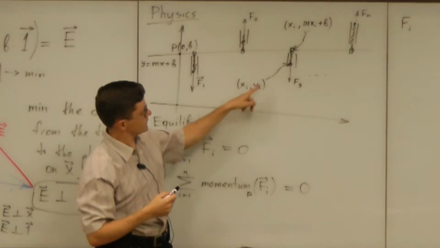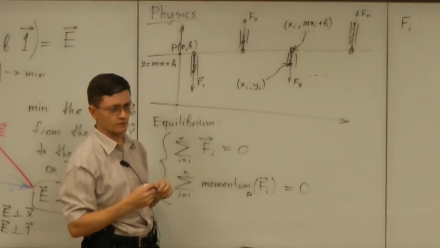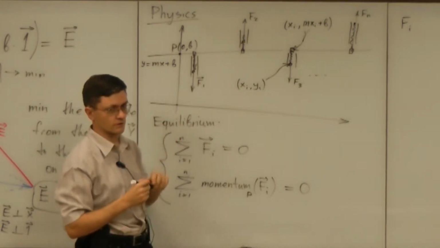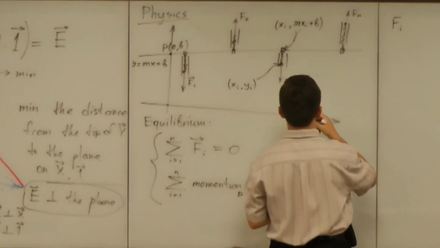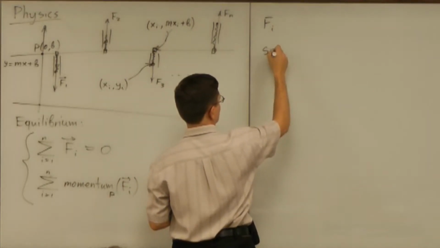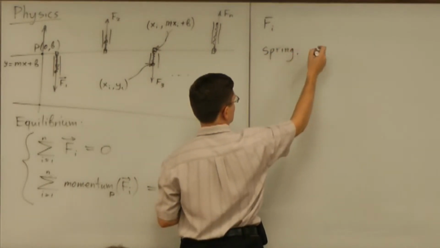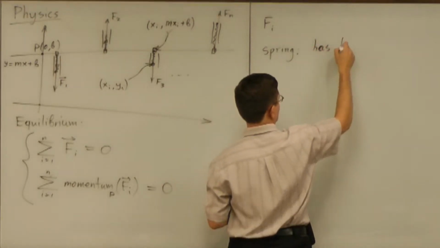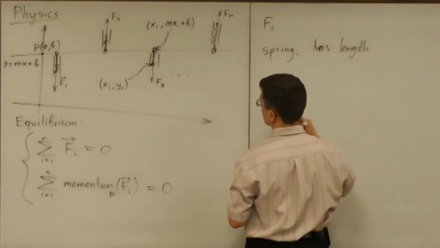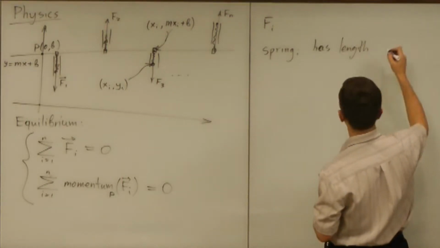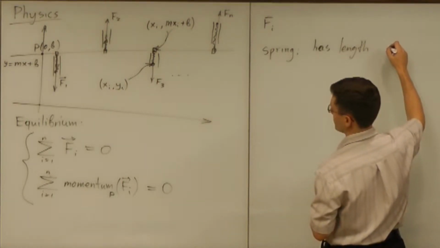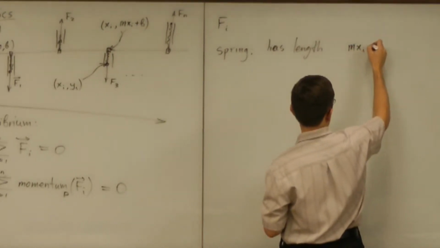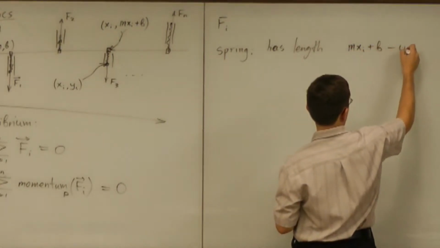And then I know exactly how the spring is stretched. I know exactly the length of the spring. The spring number i has length. What's the length? mxi plus b minus yi.